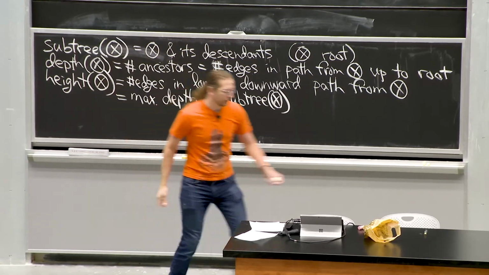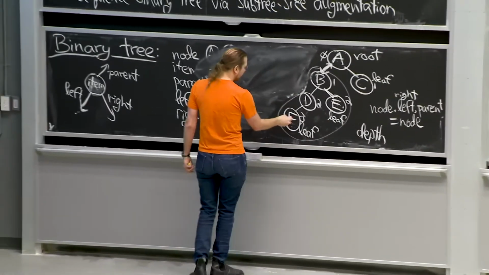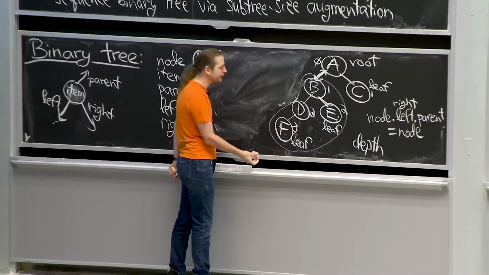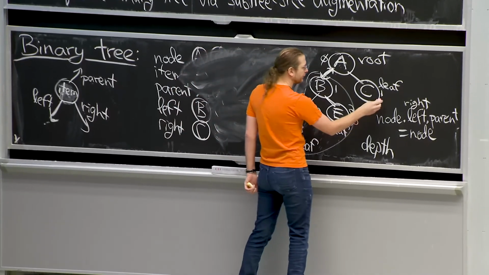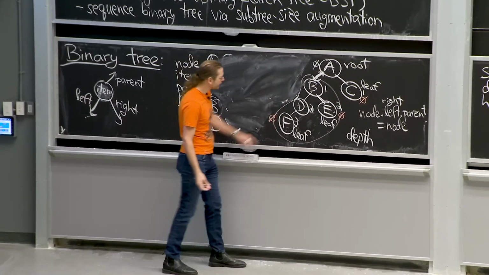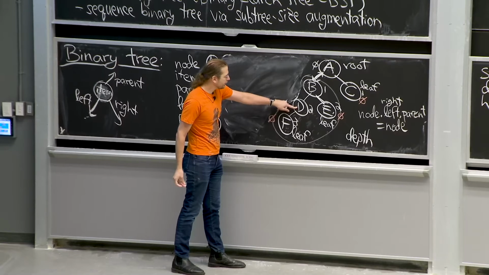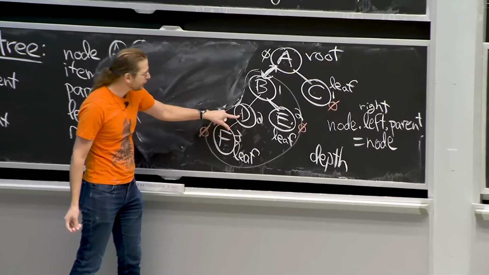Let's do height in red. So how long is the longest path from F to a leaf? Well, F is a leaf, so all leaves have depth 0. Sorry, height 0. Don't get it backwards. D here, so there are 2 ways to go down. This doesn't go to a leaf.